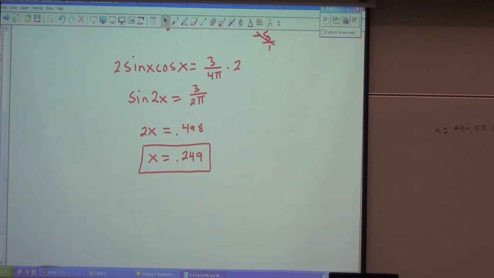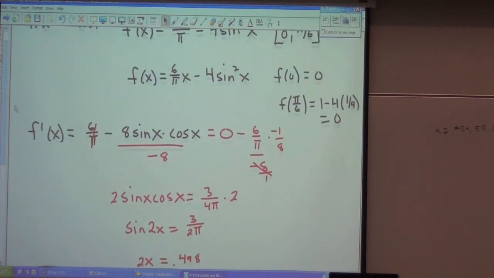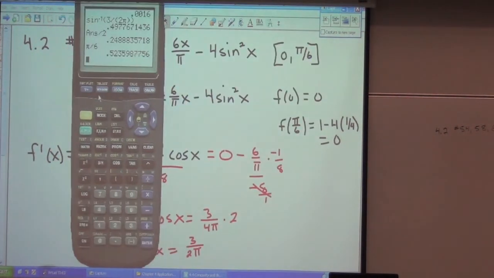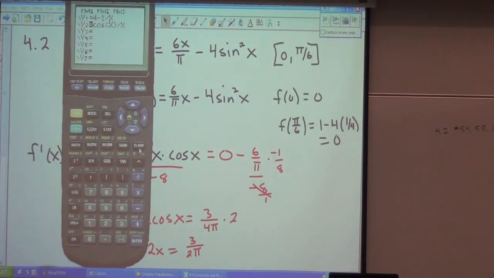Now, once we got to here, we had to use our calculator. If this was a calculator question, it'd be a lot easier to do it by graphing. It'd be a lot easier to come in here and go 6x divided by pi minus, in parentheses, put sine of x and square that. Take my window, let it go from 0 to pi over 6.